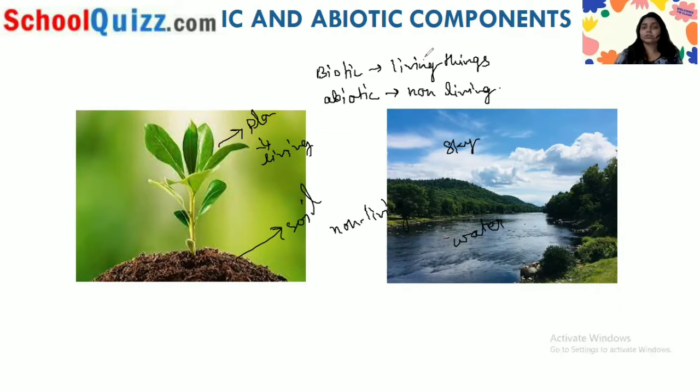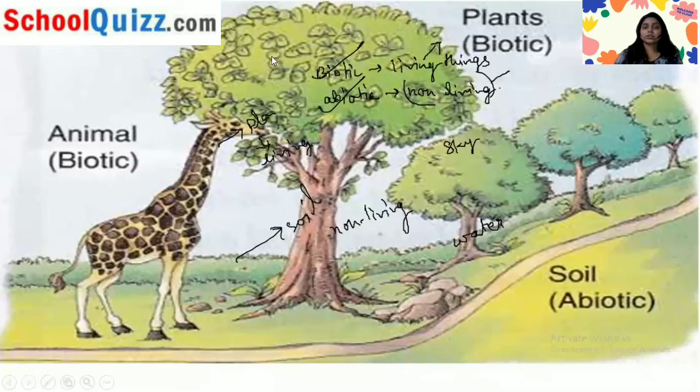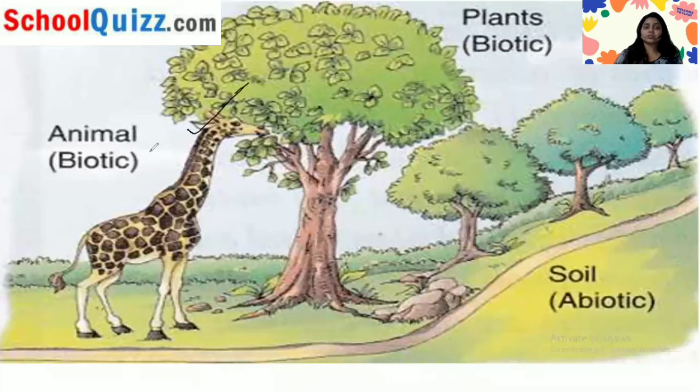That which has life is called a living thing, and that which does not have life is called a non-living thing, like the biotic and the abiotic components, okay. Here in this picture you can see a giraffe, an animal, and this comes under the biotic components, plants under the biotic components, soil under the abiotic components, okay.